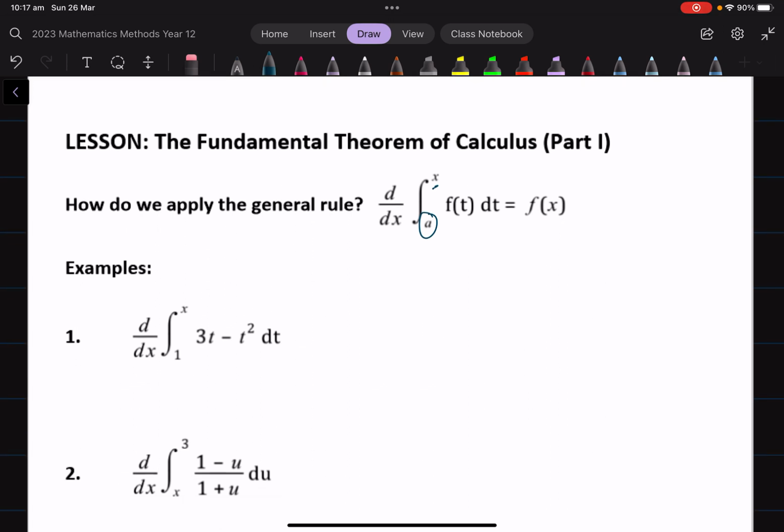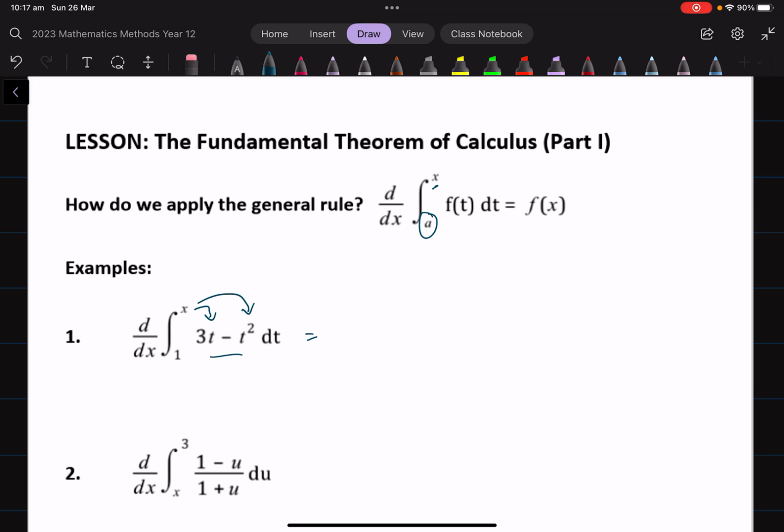So for this first one, we've got the derivative of our area function, and we've just found out that the derivative of the area function is the same as the height of the graph at t equals x, at the horizontal point at x. So all we need to do is substitute where the t is in our equation with x.